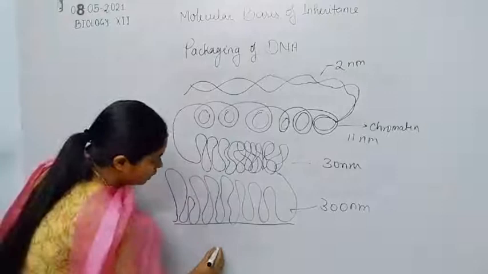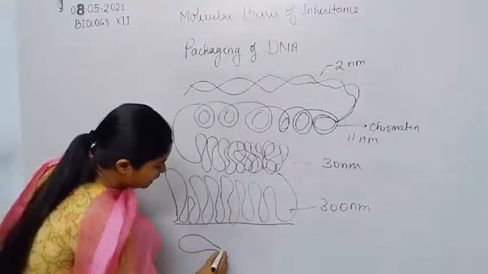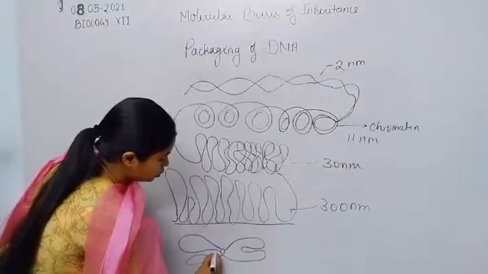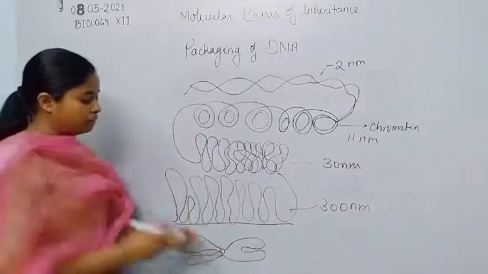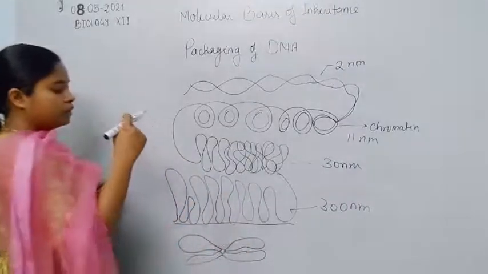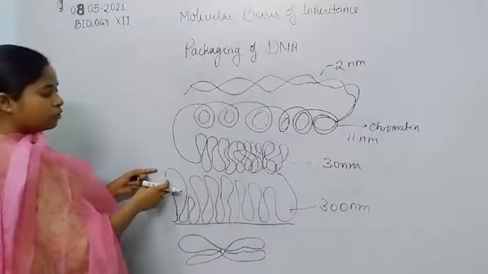Now the 300 nanometer structure is converted into the metaphase chromosome. The chromosome becomes highly condensed to form the metaphase structure, where the metaphase chromosome has two chromatids. So here is the structure of the chromatid.